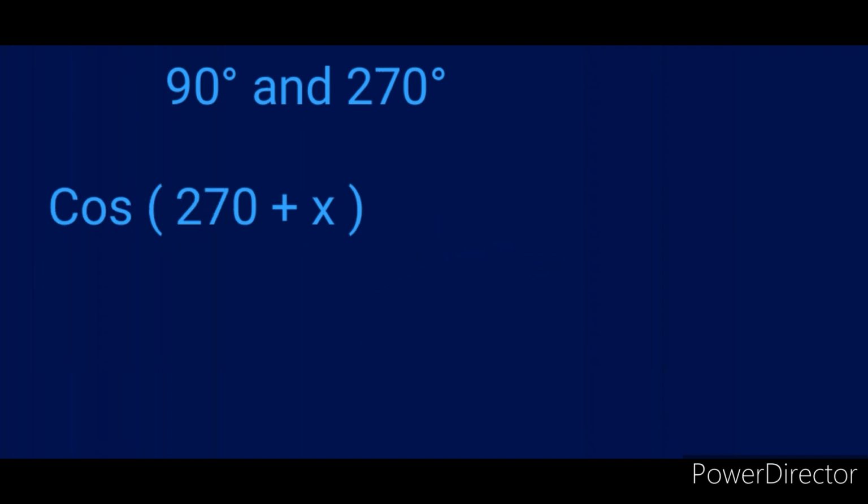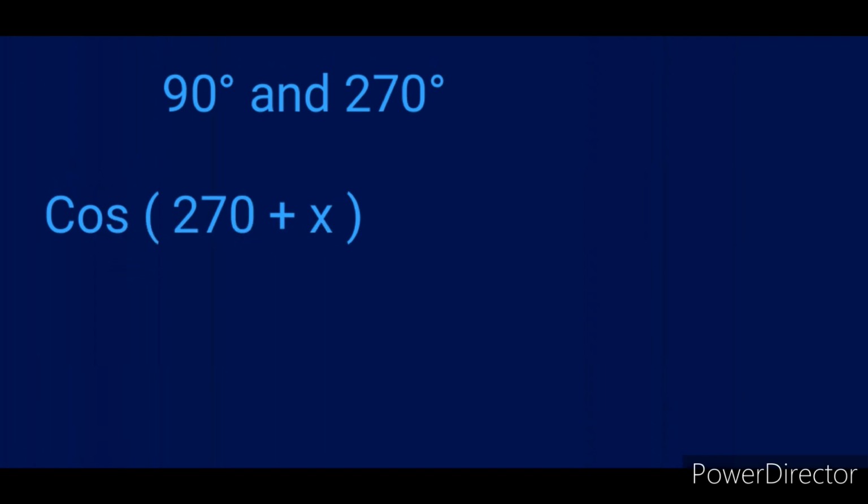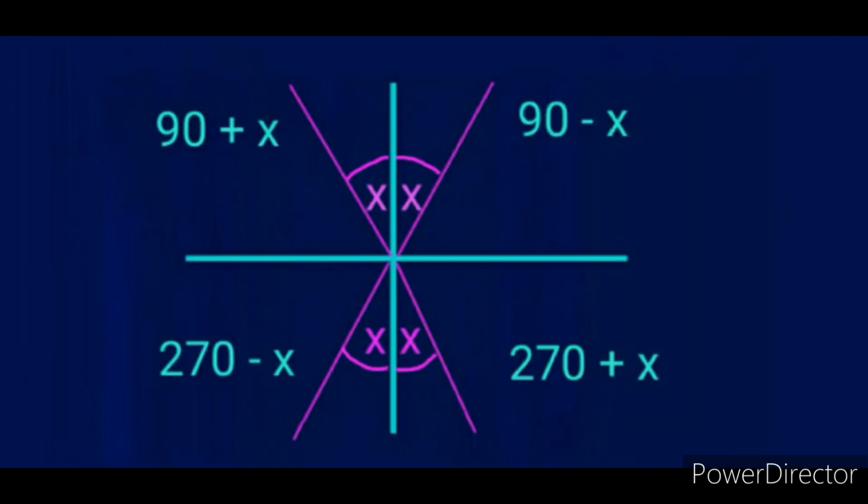Alright, let's deal with the second example. We've got cos 270 plus x. This is in the fourth quadrant, and in the fourth quadrant, cos is positive. So when it changes to sine, sine will be positive, because whatever gave birth to it was positive.